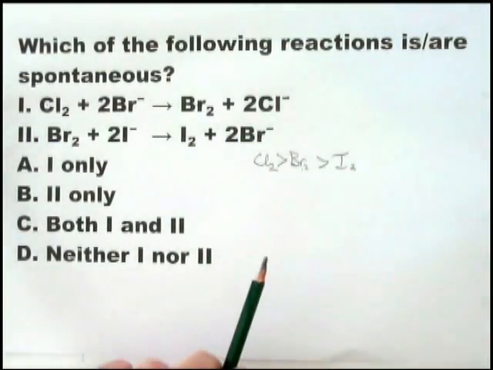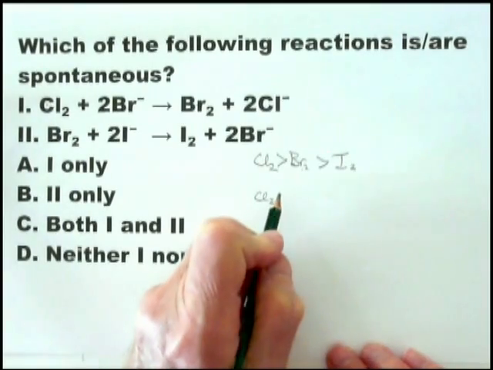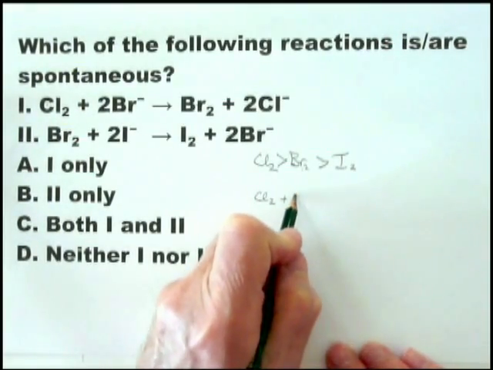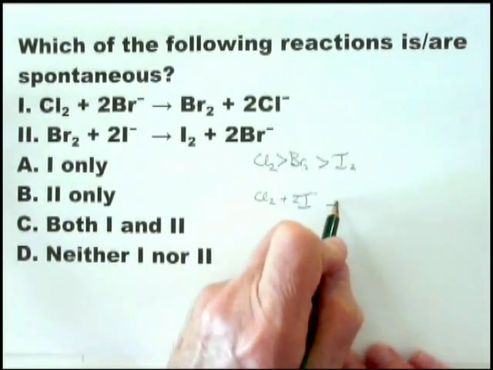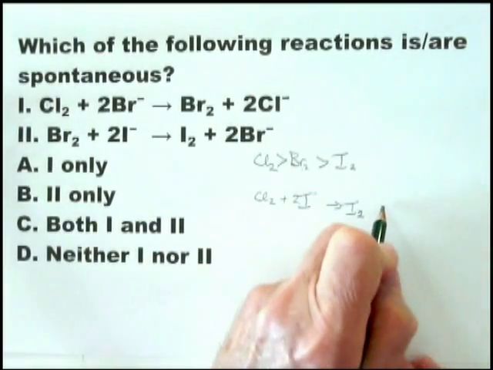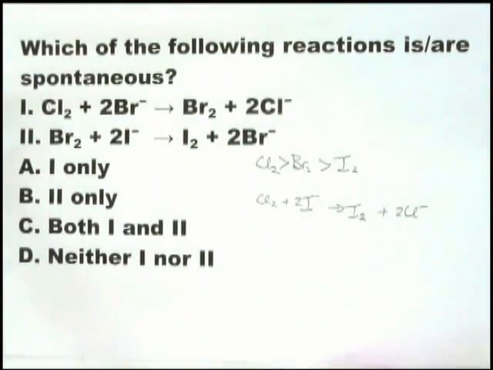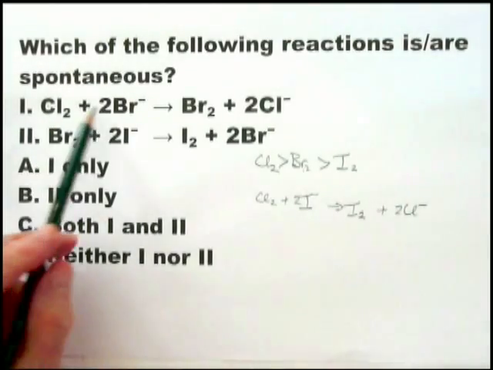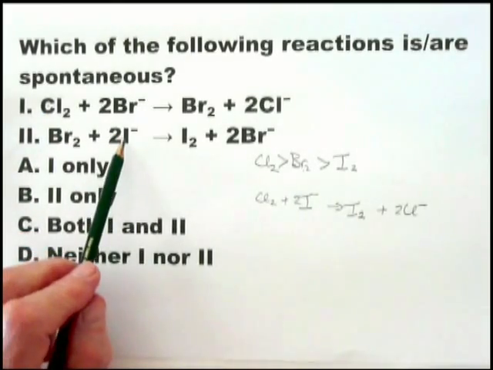There is, of course, the third equation, which is that chlorine will displace iodine to give I2 plus 2Cl minus. That is obvious: if chlorine displaces bromine and bromine displaces iodine, then chlorine will displace iodine.